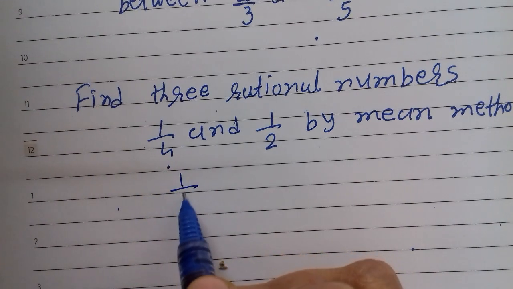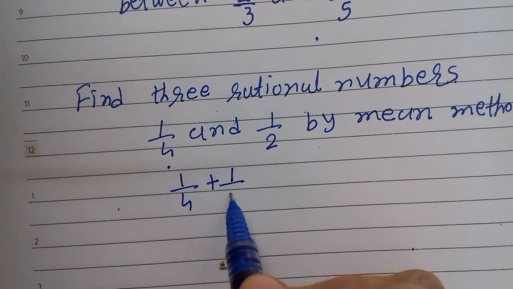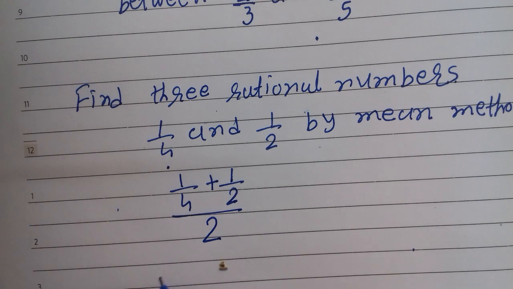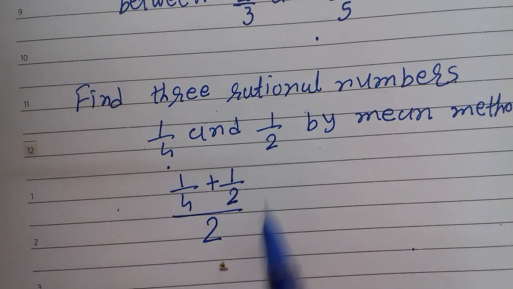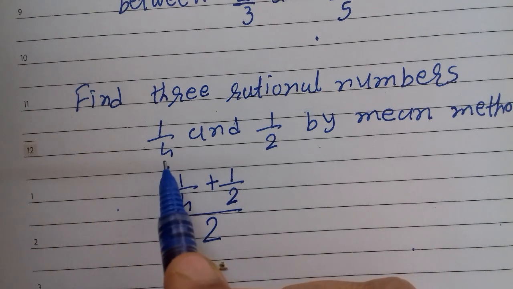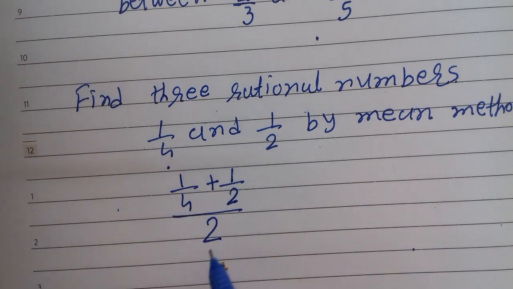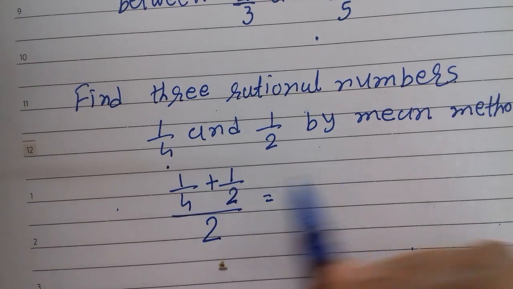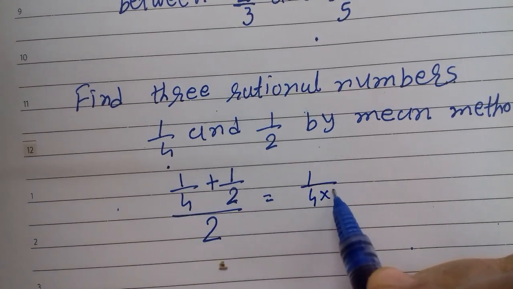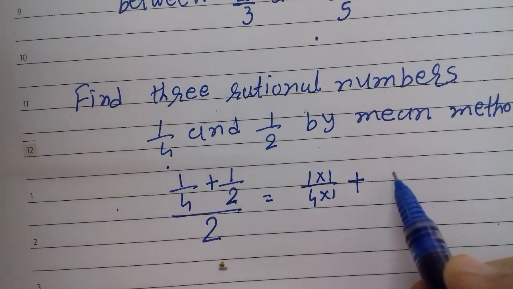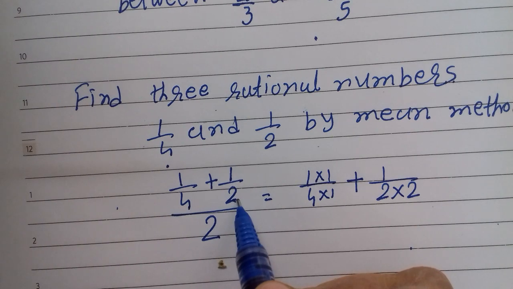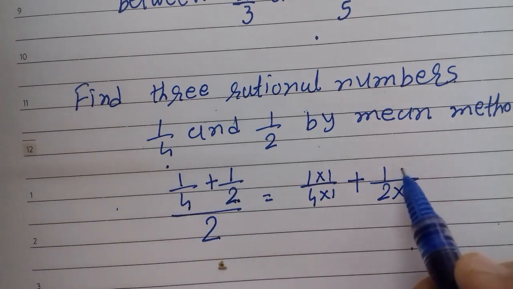So (1/4 + 1/2)/2. This is the method to find the mean of these two rational numbers. Here take the LCM: the LCM of 4 and 2 is 4.